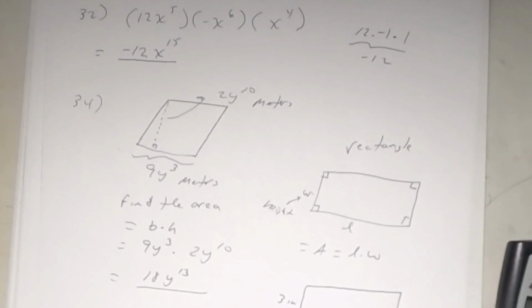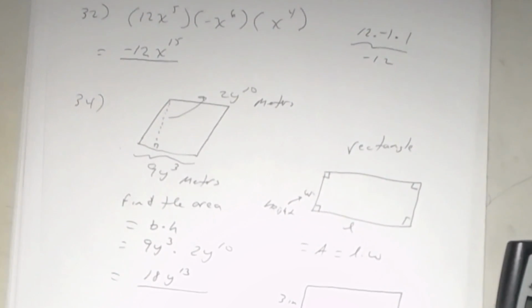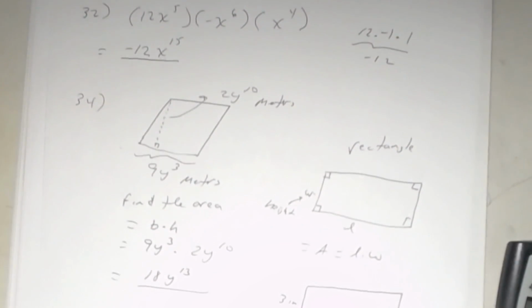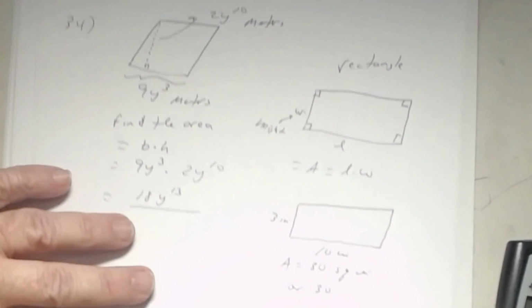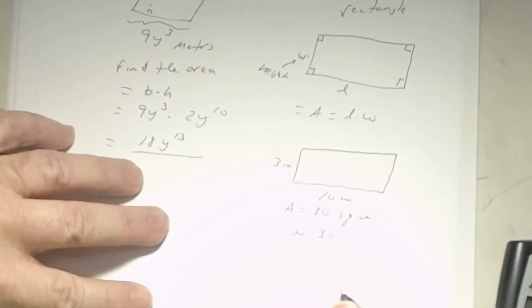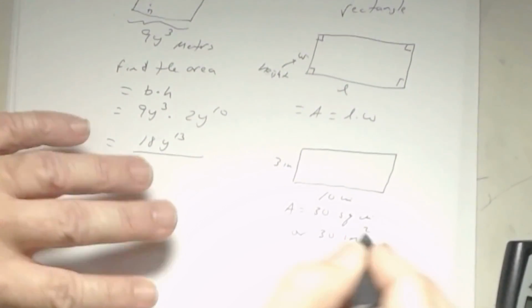Inches? Nope. Your 30 is correct, but your units are incorrect. It's square inches. 30 square inches. That's the area. Or remember, you can also write it as 30 inches squared like that.